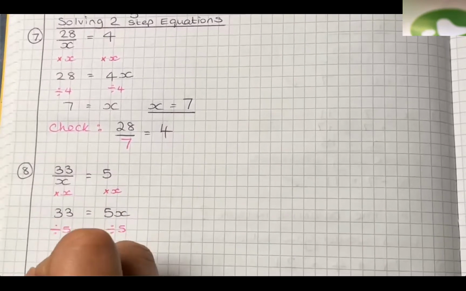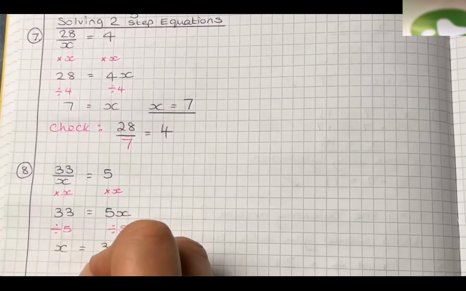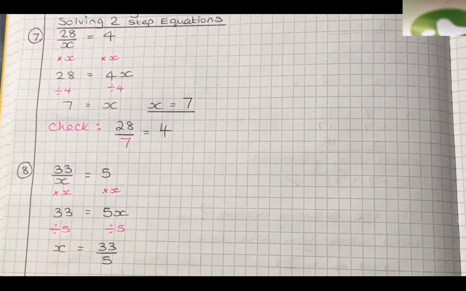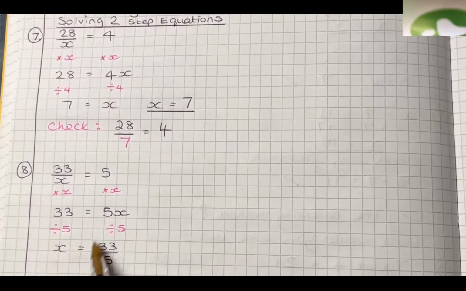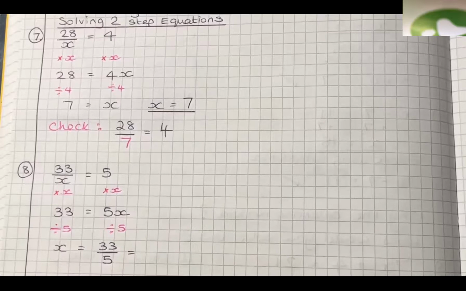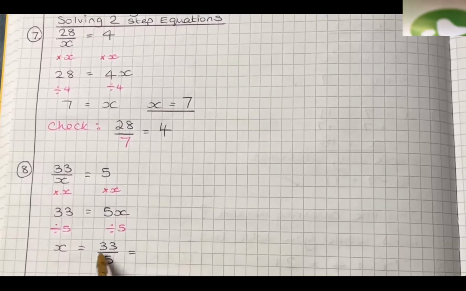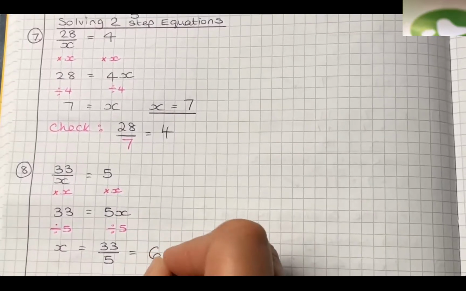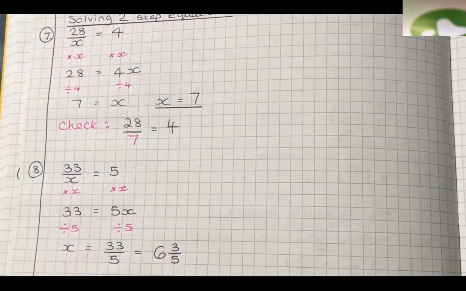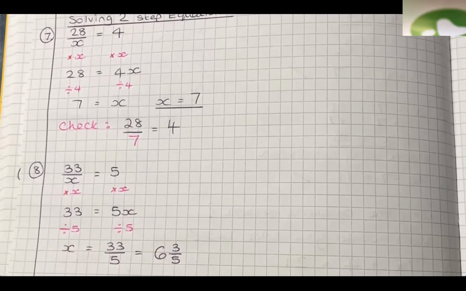And that will tell me that x equals 33 over 5. Now, if the question asks you to simplify it, well, I cannot simplify it in this case, but I could turn it into a mixed number. 5 goes into 33 6 times, remainder 3. So my answer is 6 3/5.